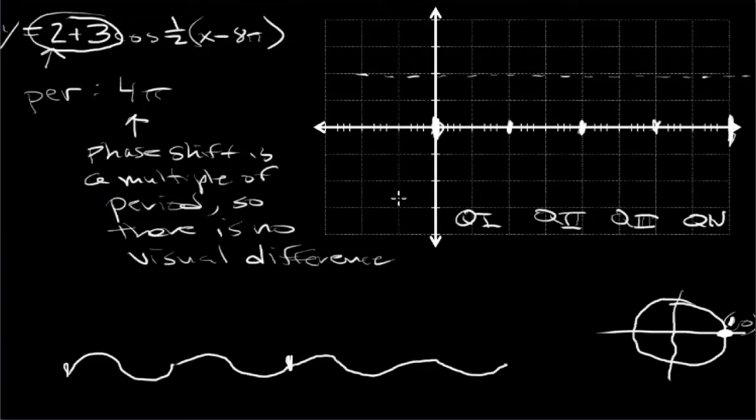You guys have already dealt with midline and amplitude so far, I believe. So from here, the amplitude is 3. That means I go up 3 and down 3.